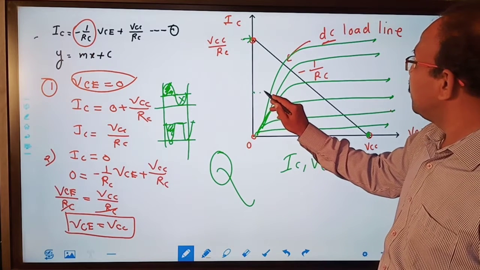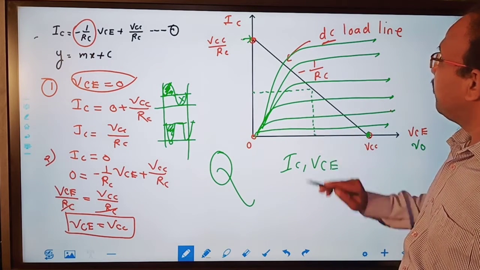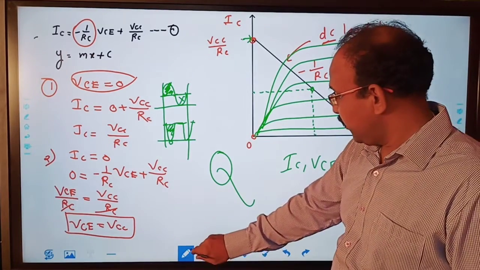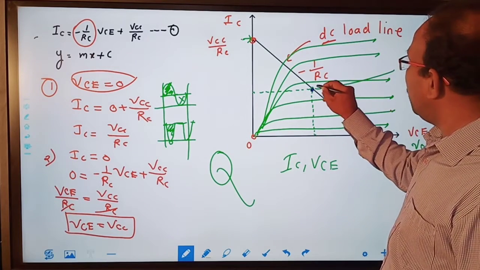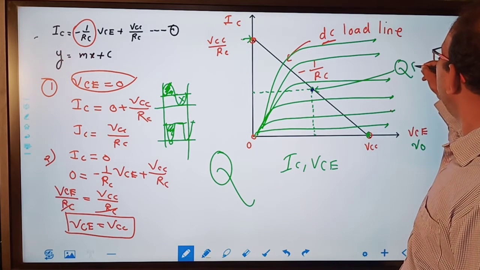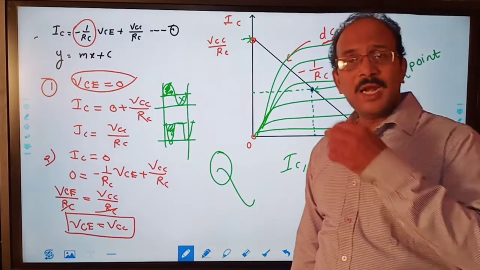So if we see this, this is the point, and this particular point is called the Q point. The Q point is called the operating point. Correct? That I will explain afterwards.